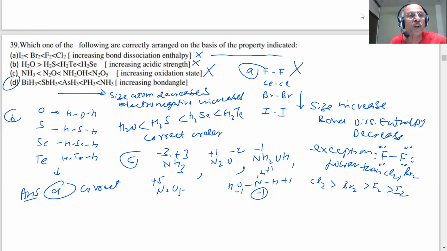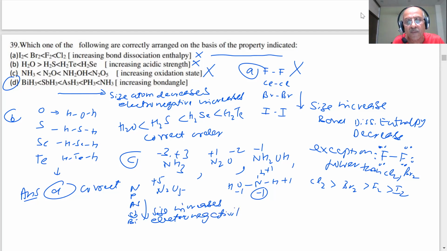So in this case, student, the correct answer is D. The bond angle increases as you go from nitrogen to bismuth. The correct order is nitrogen, phosphorus, arsenic, antimony, bismuth. As you see, the size increases and electronegativity decreases. Therefore, D is the correct answer.